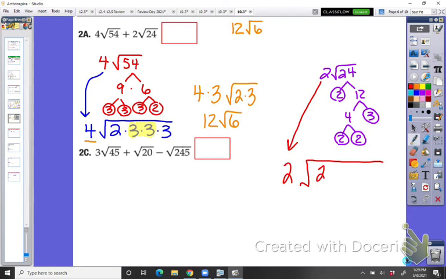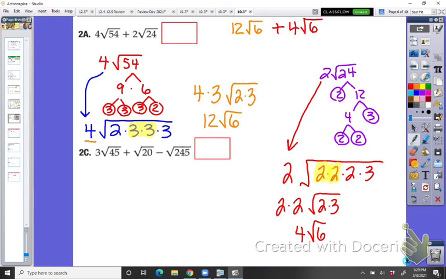We have 3 2s and 1 3. Look for a pair. I got a pair of 2s, so that brings one of them out. And the 3 and the 2 are left under. So this is 4 root 6. And we're adding. So 12 roots of 6 plus 4 roots of 6 gives you 16 roots of 6.